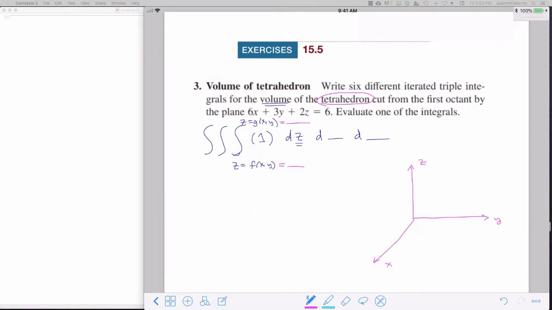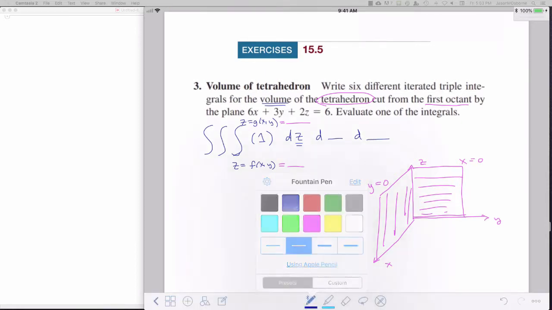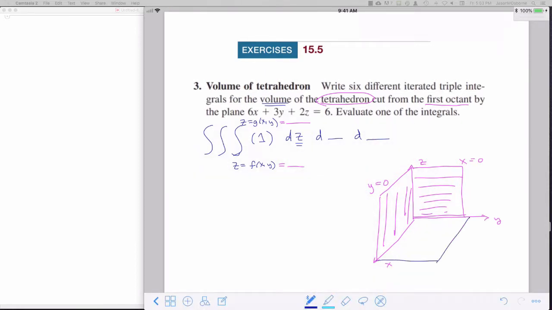We have to be in the first octant, which means that x has to be bigger than 0, y has to be bigger than 0, so we're getting these major planes. This is the plane x equals 0, this is the plane y equals 0, and then there's another plane in the bottom, z equals 0. Okay, there are some planes.